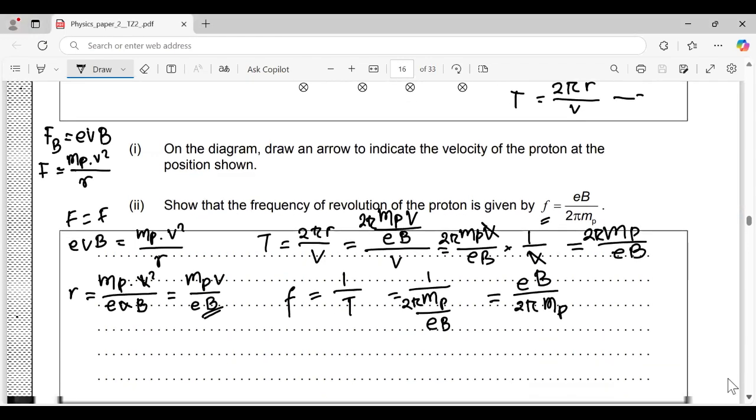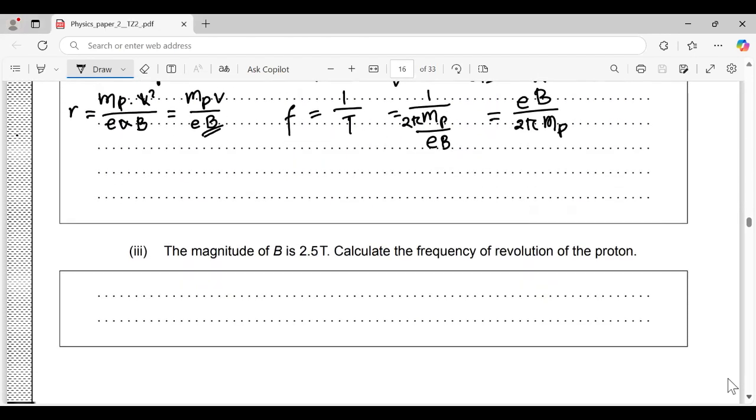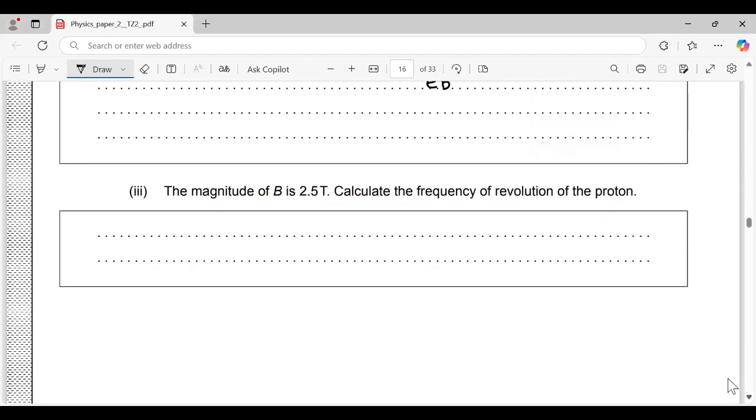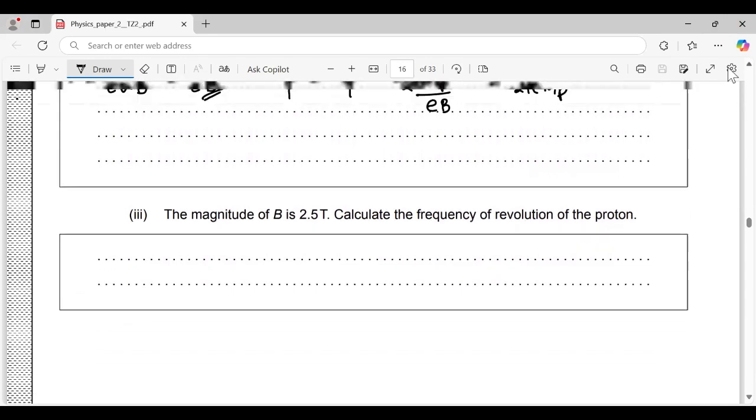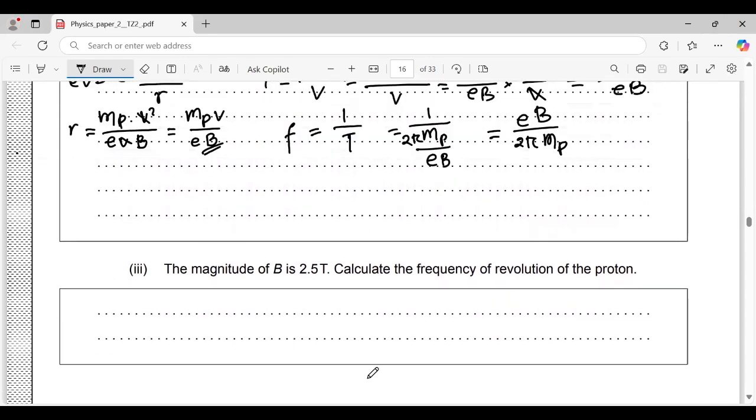Next, the magnitude of B is 2.5 Tesla. Calculate the frequency of revolutions of the proton.